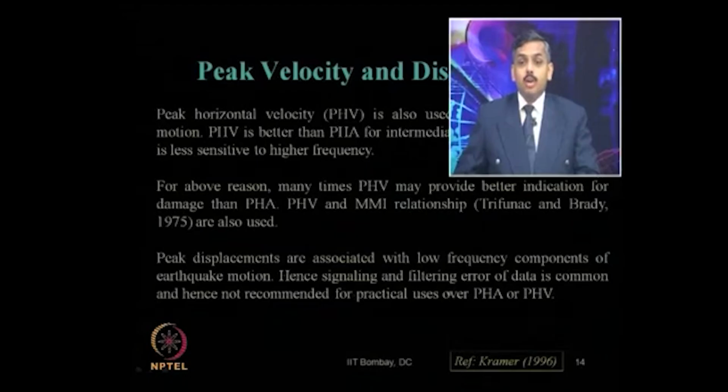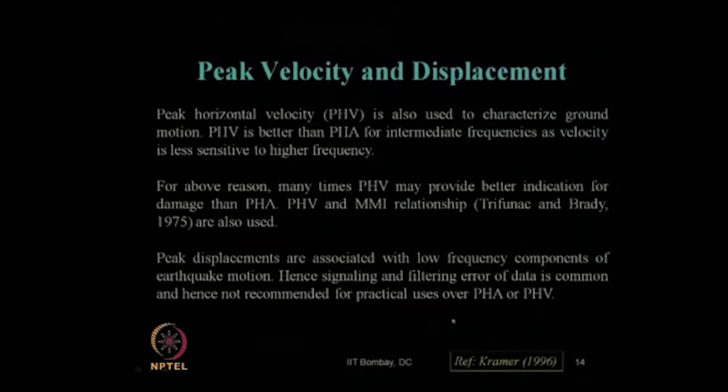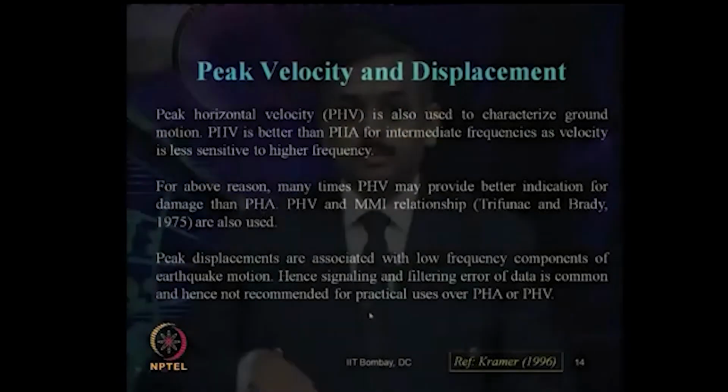So, you may not record it properly, and hence it is not recommended for practical use over the peak horizontal acceleration and peak horizontal velocity. So, which is the best one? PHV and PHA, they are the better estimate for the amplitude estimation of any earthquake than your PHD, that is peak horizontal displacement.